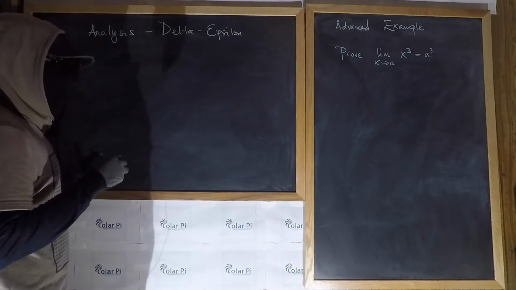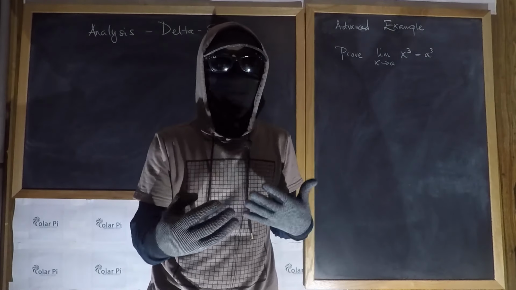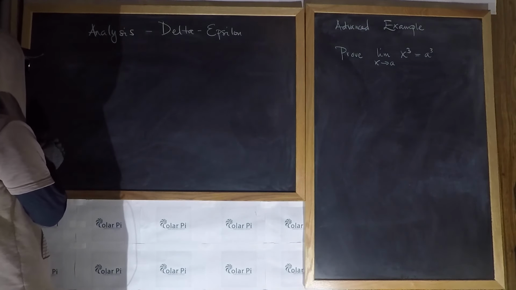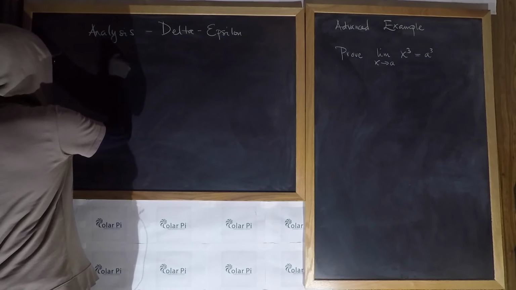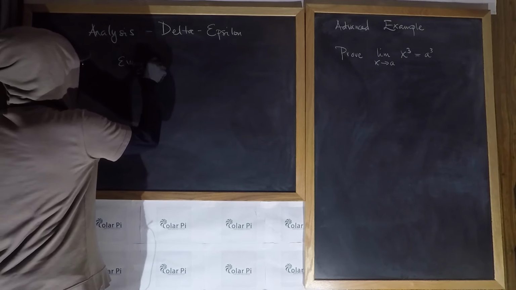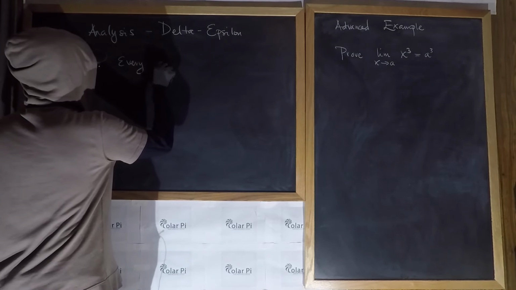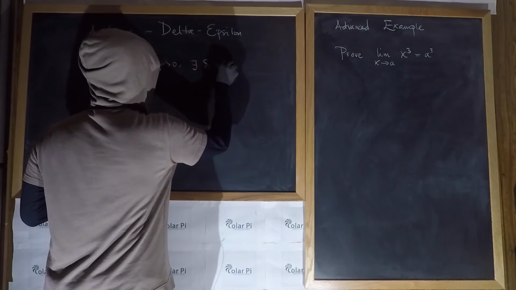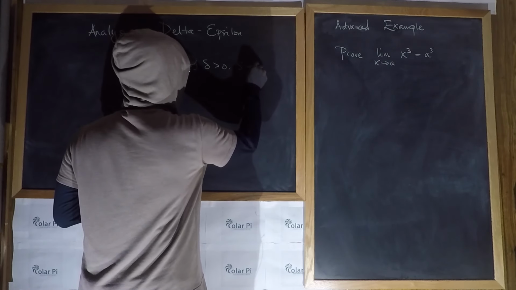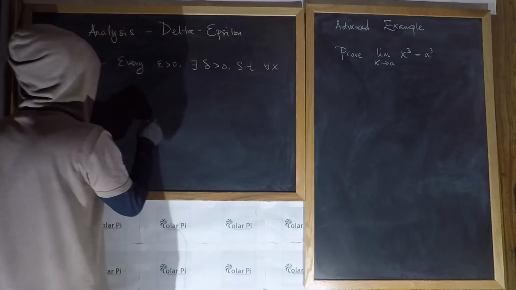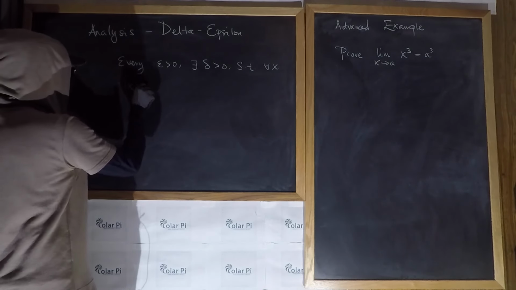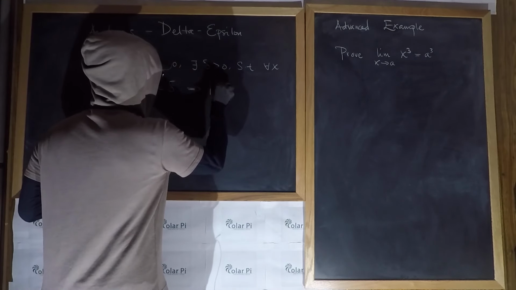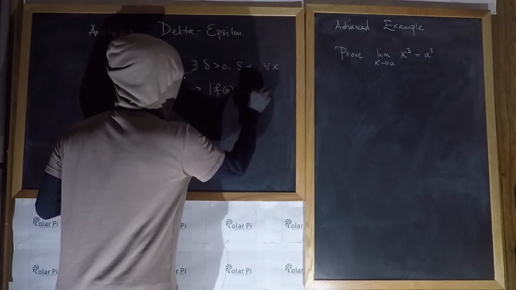While I will not repeat the things I taught you in Calc 2, here's a quick recap of what the delta-epsilon limit definition said. It said that for every epsilon greater than 0, there exists a delta greater than 0 such that for all x, whenever the absolute value of x minus a is less than delta, it immediately follows that the absolute value of f of x minus L is less than epsilon.